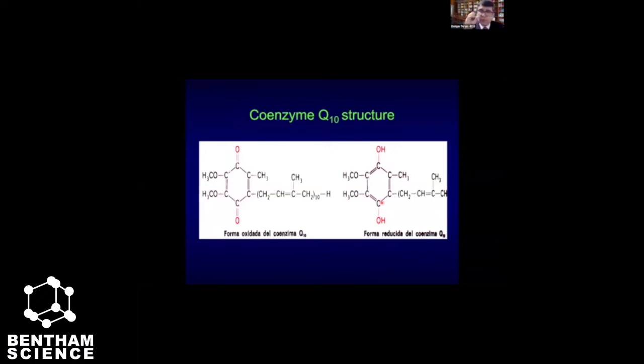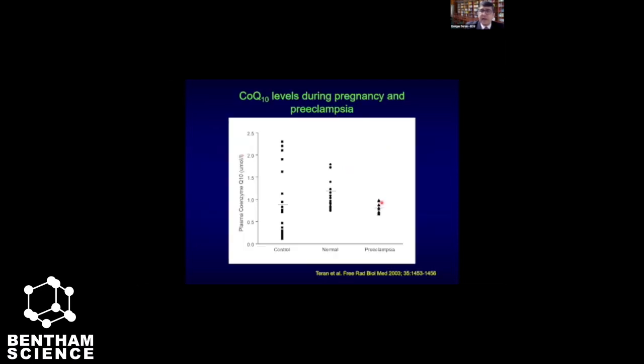So we decided to measure what is happening with this intermediate in women with preeclampsia. And we were the first group to report that during preeclampsia, there are significantly lower levels of coenzyme Q10 compared to normal pregnant women, and at the same level as control women.